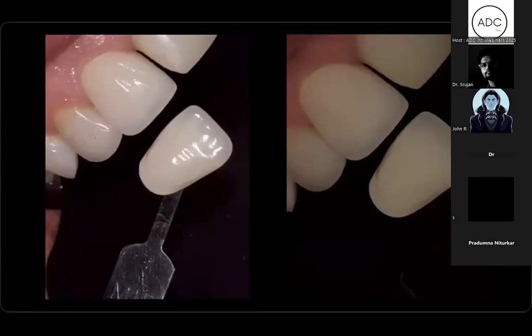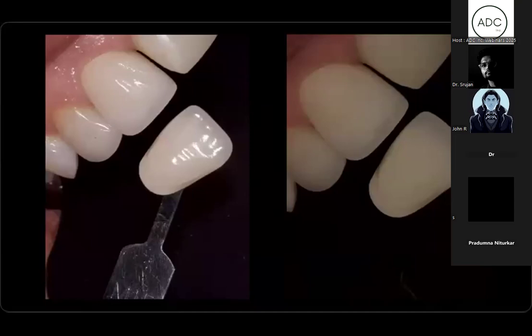It's less chromatic over here and highest chroma at the cervical third. So if this is A2 shade, which part exactly is A2? Is it the incisal part? Is it the middle third? Is it the cervical third? It's confusing, right? It's not uniform. That's why we are not going to do that.